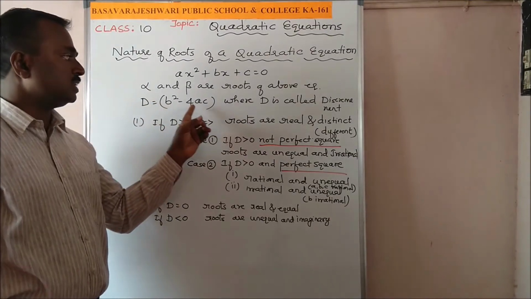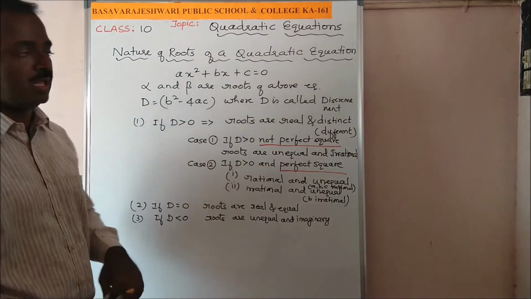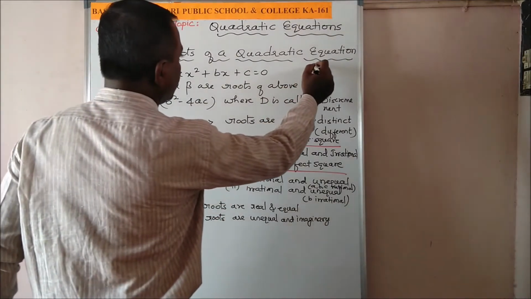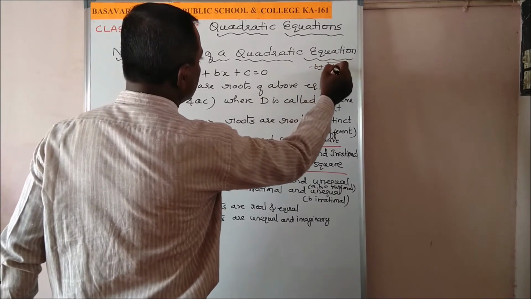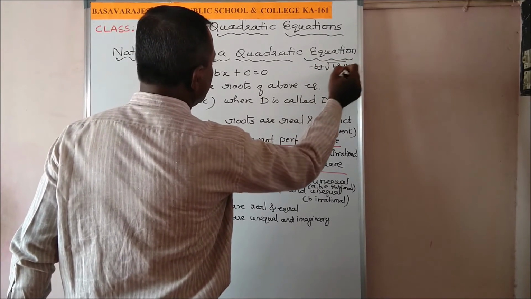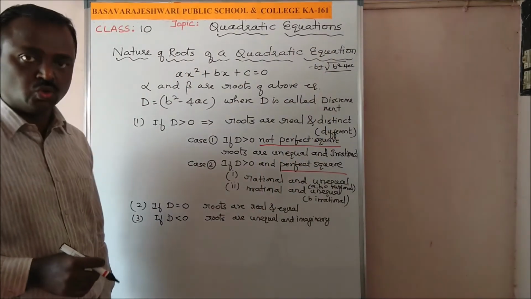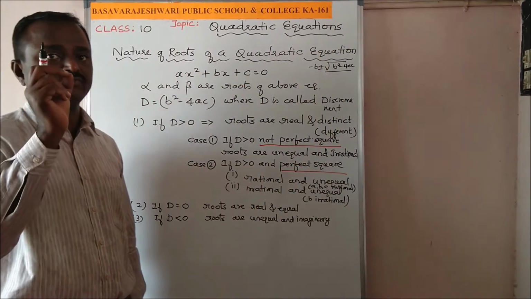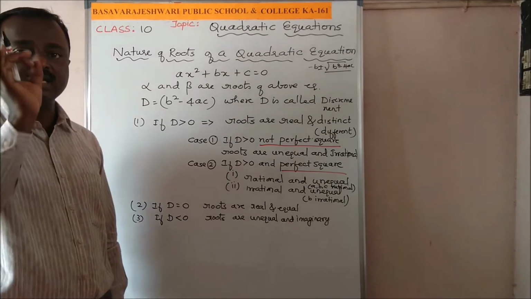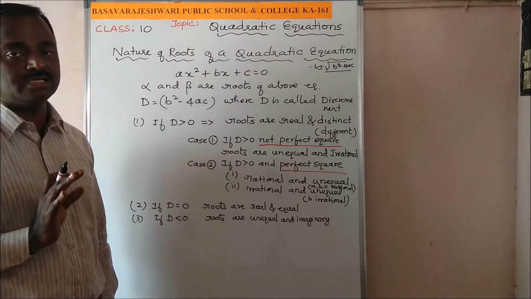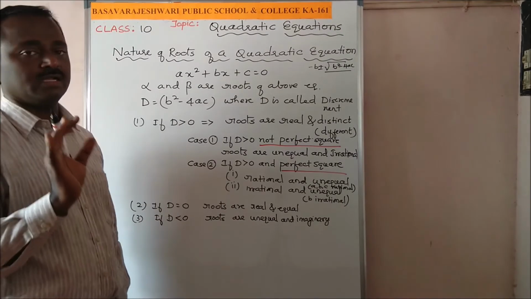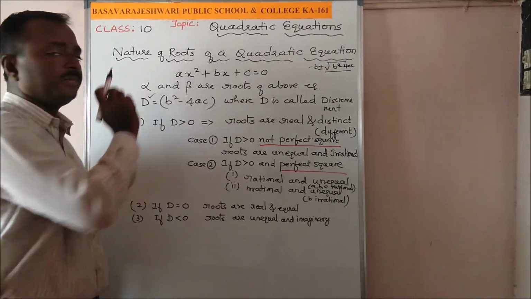D is equal to b square minus 4ac. In the formula we have minus b plus or minus root of b square minus 4ac. The term which is underneath of the root, that is b square minus 4ac, is the discriminant, where D is called as discriminant.